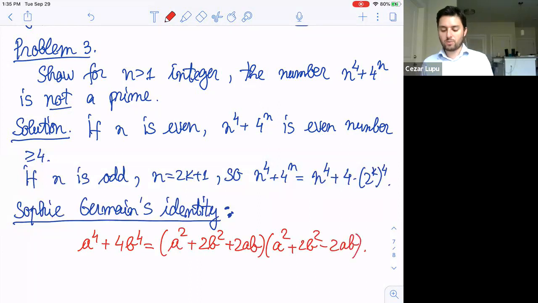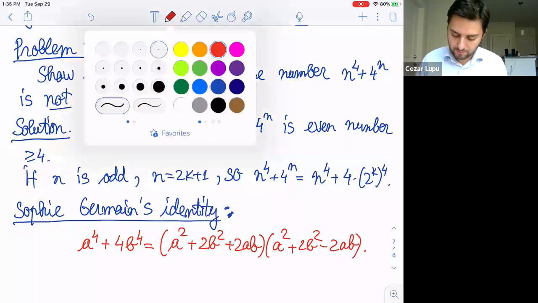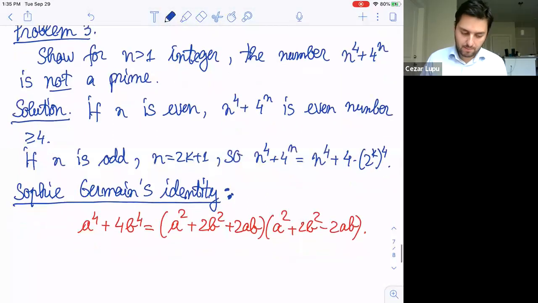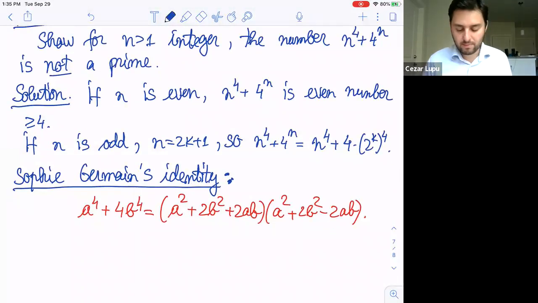And now guess what? We're going to use this. So by this, again, this is not a prime.